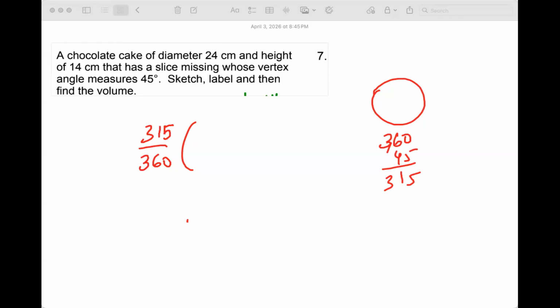Yeah, and then 315 over 360 of 6,333.45, and we get the answer. Yeah, you can do that, yes. Make sense? Yeah. Okay. Can I move on? Yeah, I think we are good on that.